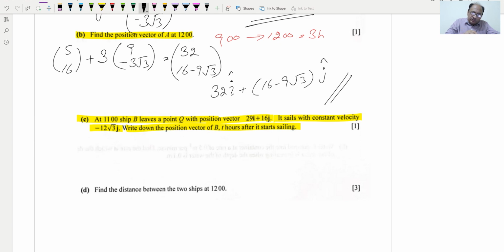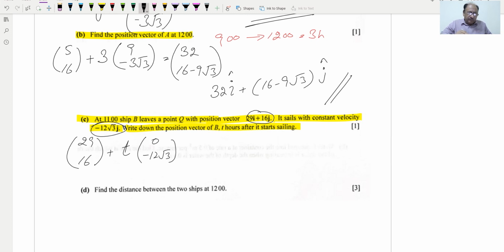So the initial position Q is 29i plus 16j, and plus after t hours its position is this one, which is 0i and minus 12 root 3j.